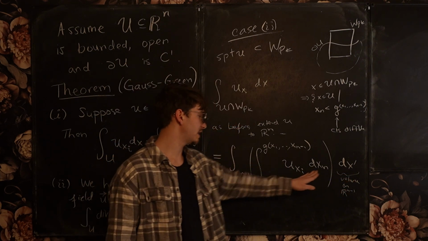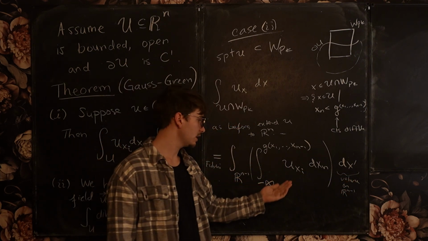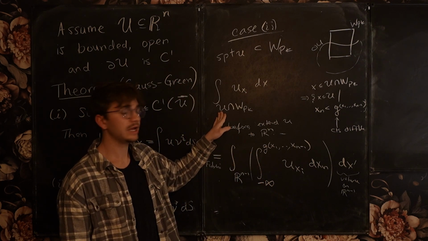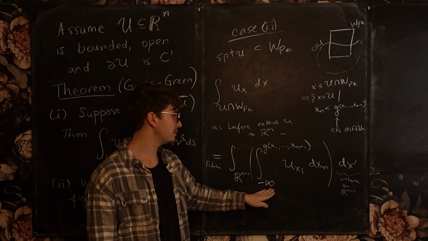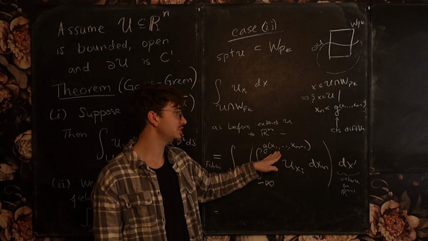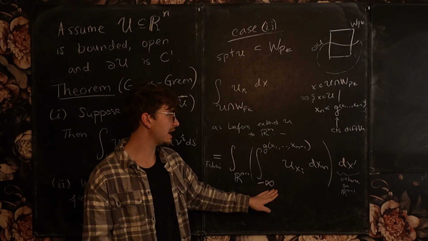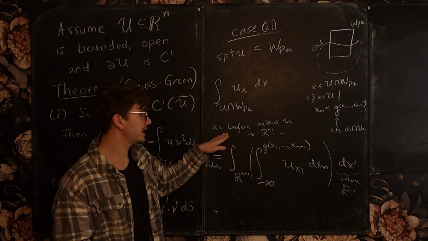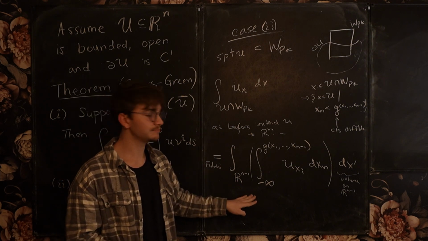So I've pulled out dxn by Fubini's theorem. And then the set of integration is basically over the set U intersect WPK, so that's going to be xn values which are below the graph of the function G. And then I've extended that notion of below all the way up to negative infinity because I've extended U to the whole of Rn, okay?